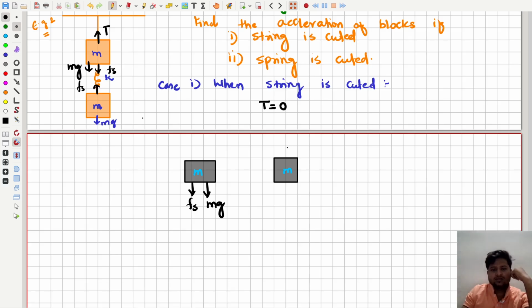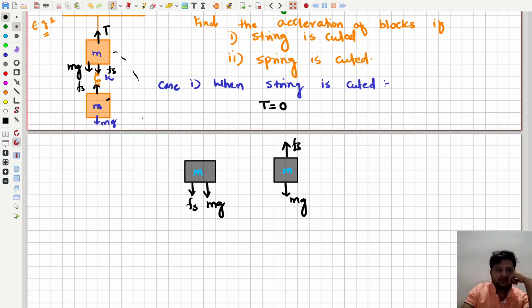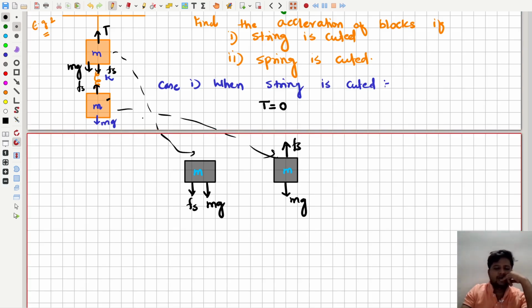While for this mass, my second block, the spring force is upward, and weight is how much? mg. Can you understand this? This is this one, and this is this one. You will get me or not?